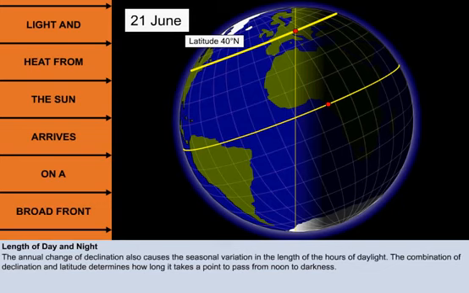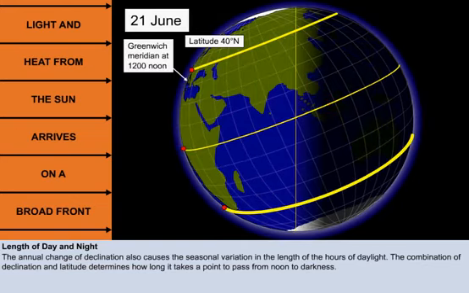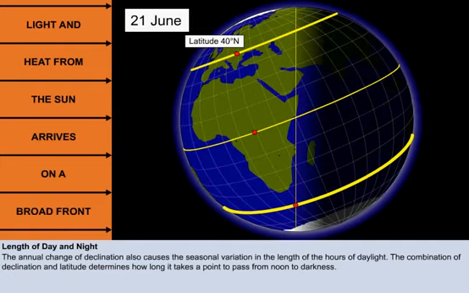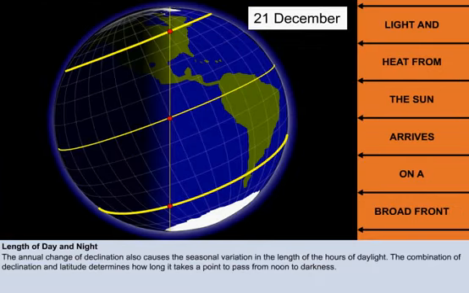Similarly, everywhere south of 66.5 degrees south is in darkness for a whole day. Higher latitudes give longer periods of continuous light or dark, but 66.5 degrees north and south are the lowest latitudes at which it is possible to get at least one day of continuous light or of continuous dark, depending on whether it is summer or winter. They are therefore called the Arctic Circle and the Antarctic Circle.